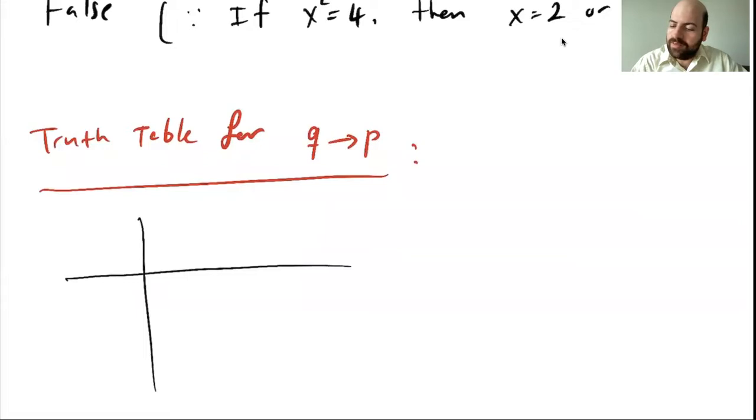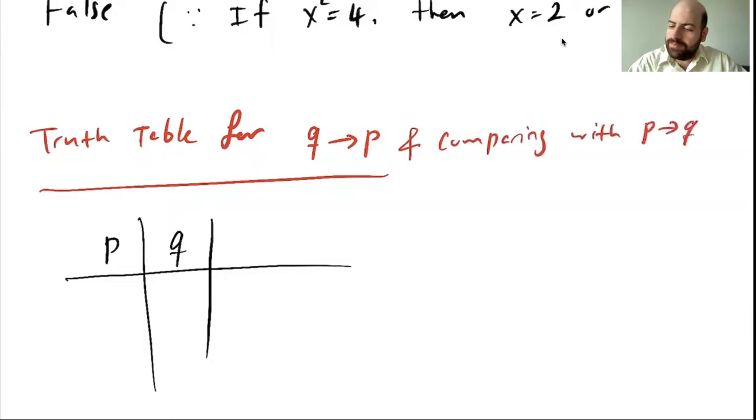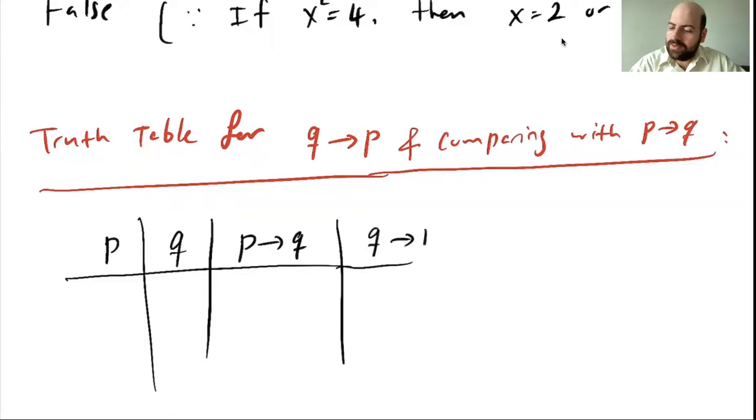So P, Q, and comparing with P implies Q. So this is P, Q, P implies Q. And then we also have Q implies P. I want to draw a truth table that has both one column for P implies Q, one column for Q implies P.